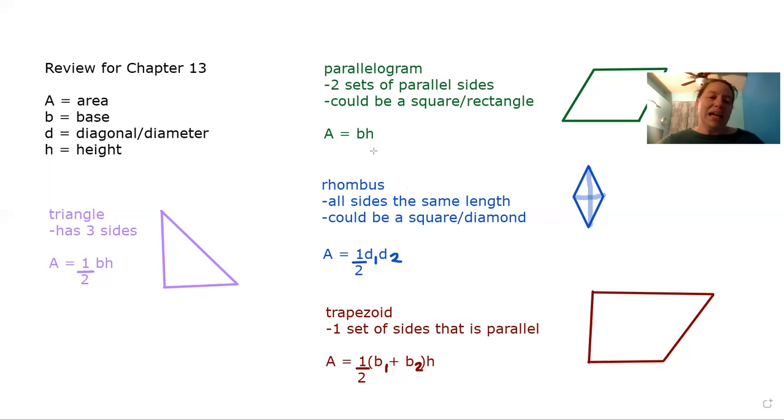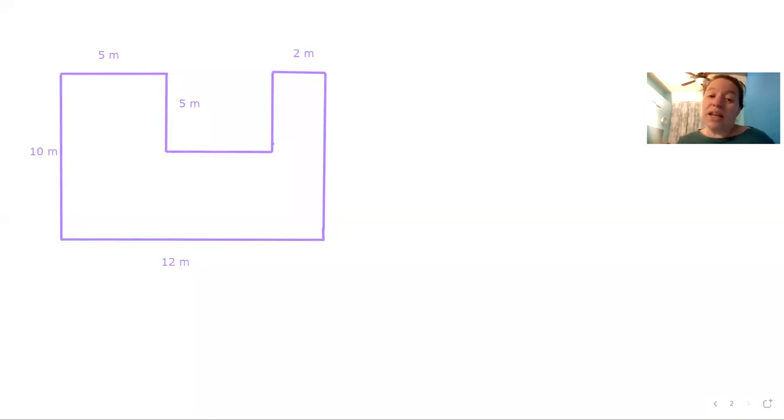The second type of issue that we need to talk about a little bit is subdividing shapes. They give you something called an irregular polygon. When you have an irregular polygon, it looks kind of weird. All right, so let's say that I have an irregular polygon that looks like this.